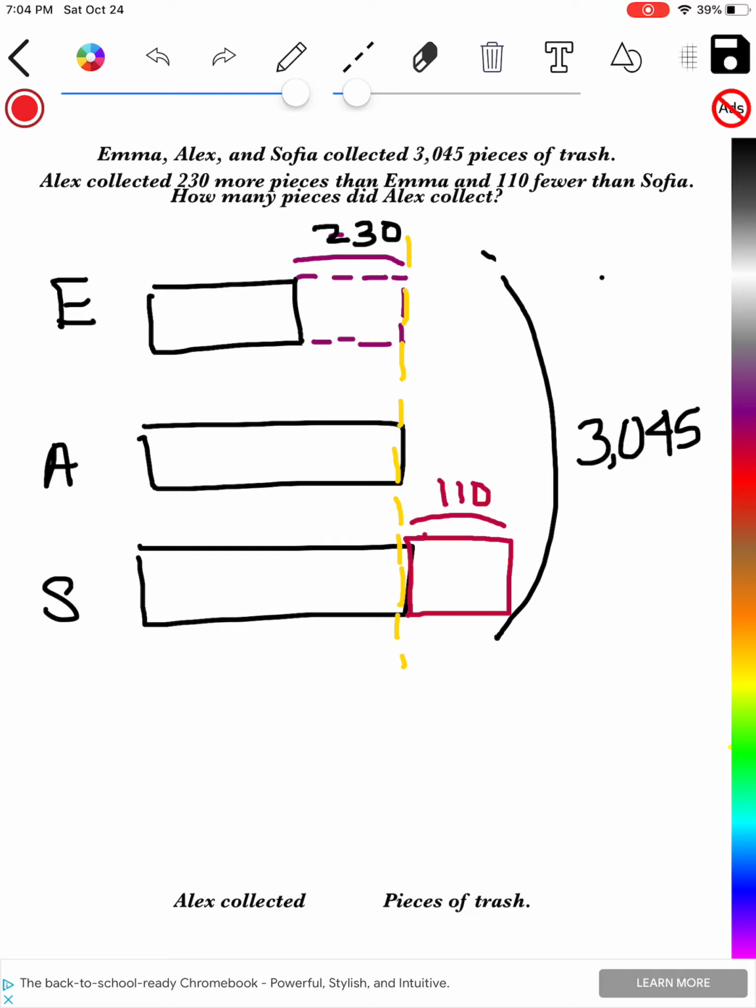So the first thing that I'm going to do is I'm going to take my total, which we know according to the bracket is 3,045. So I'm going to write that down here. And I'm going to add on that 230, which is the difference between Emma's bar and Alex's bar, so that I can get Emma's bar up to the same amount as Alex's.